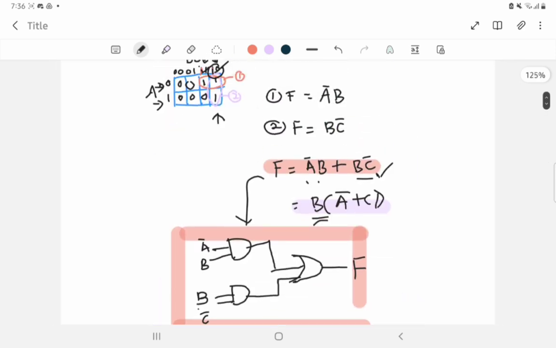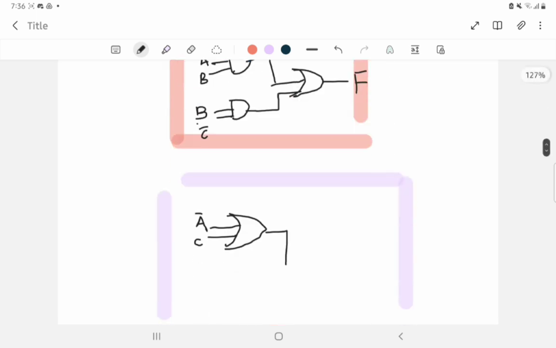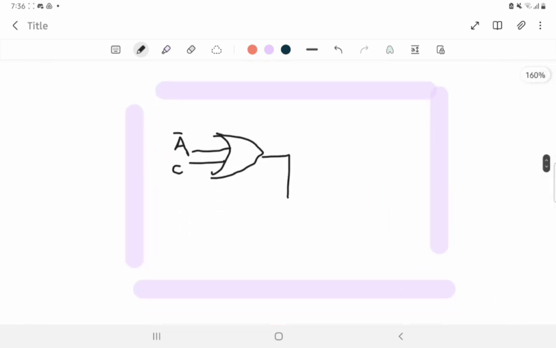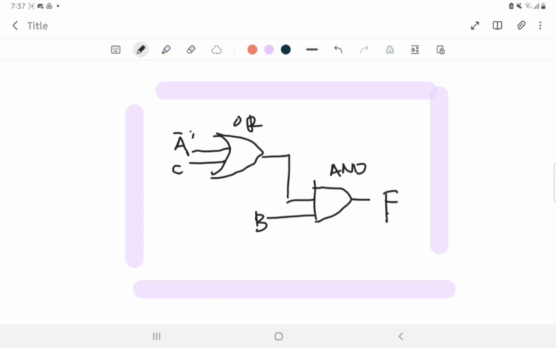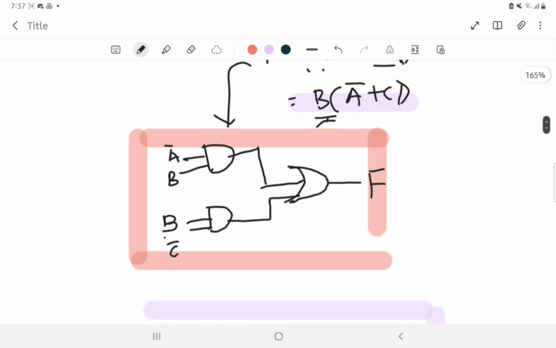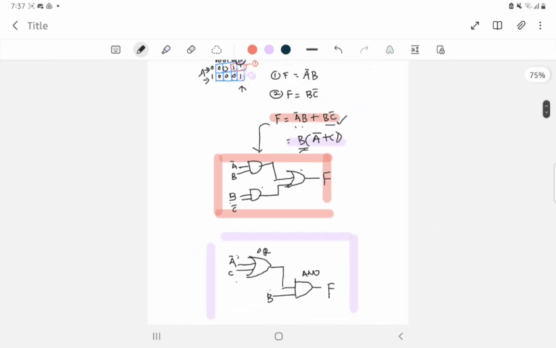B multiplied by (A not plus C), right? So B is AND, so like this, and then F. This is the AND graphical symbol, this is OR. So (A not plus C) multiplied by B. This one, AB plus BC. Yeah, like that.